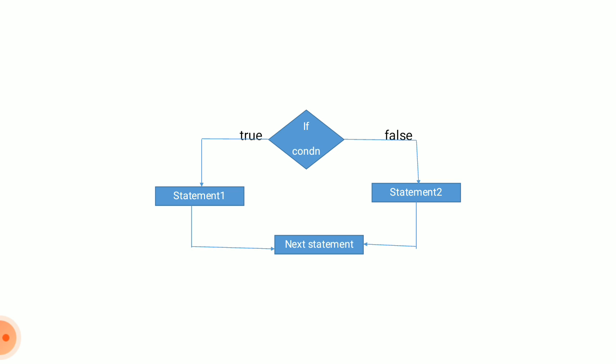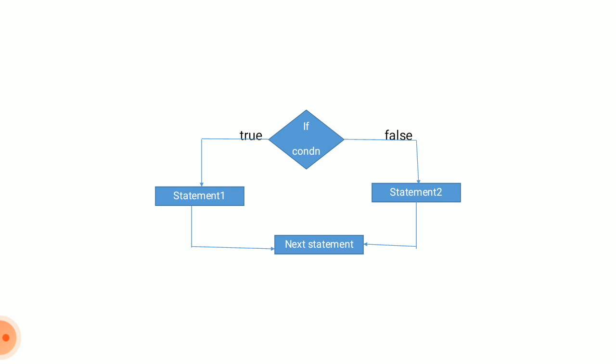Now the flow chart. In the rhombus I have given the condition. If the condition is true, on the left side statement 1 will display. After displaying statement 1, the control immediately transfers to the next statement, which means it stops.